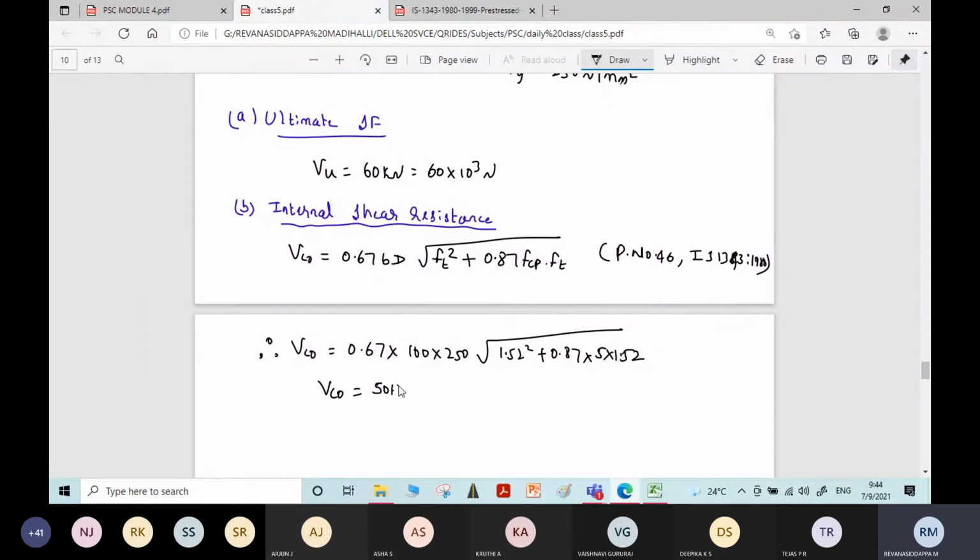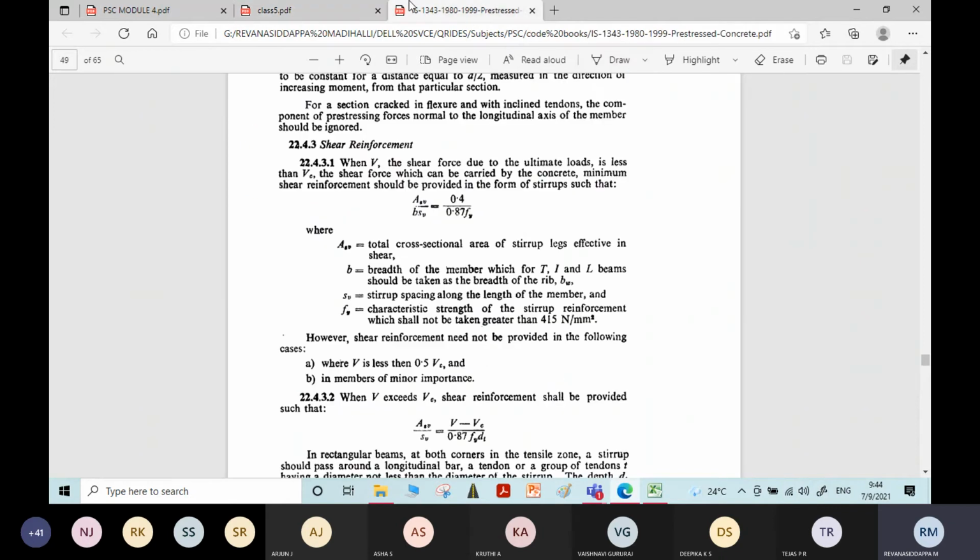Okay, you will take 50, into 10 power 3 Newton, is equal to 50 kilonewton. Okay, I will stop here and the rest of the problem we will do in the next class.